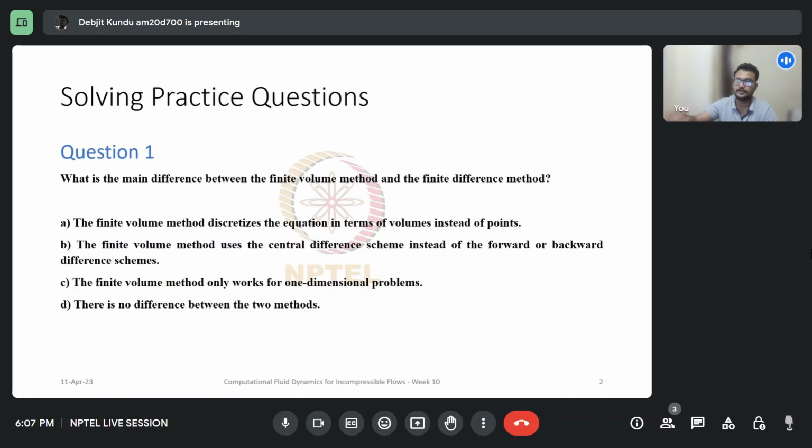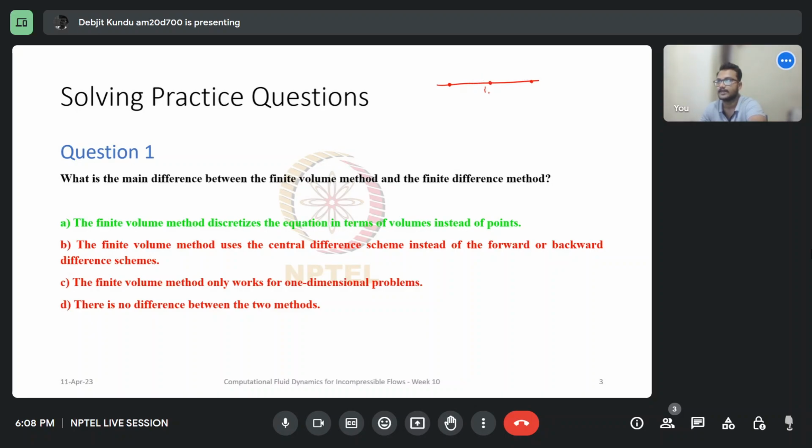Okay, so if we have a look at the solution, it is option A. The finite volume method discretizes the equations in terms of volumes instead of points. So as we have seen earlier, let's discuss it in context of 1D only. It extends to 2D and 3D as well. So in finite difference scheme, what we have done up until now, we took points like this.